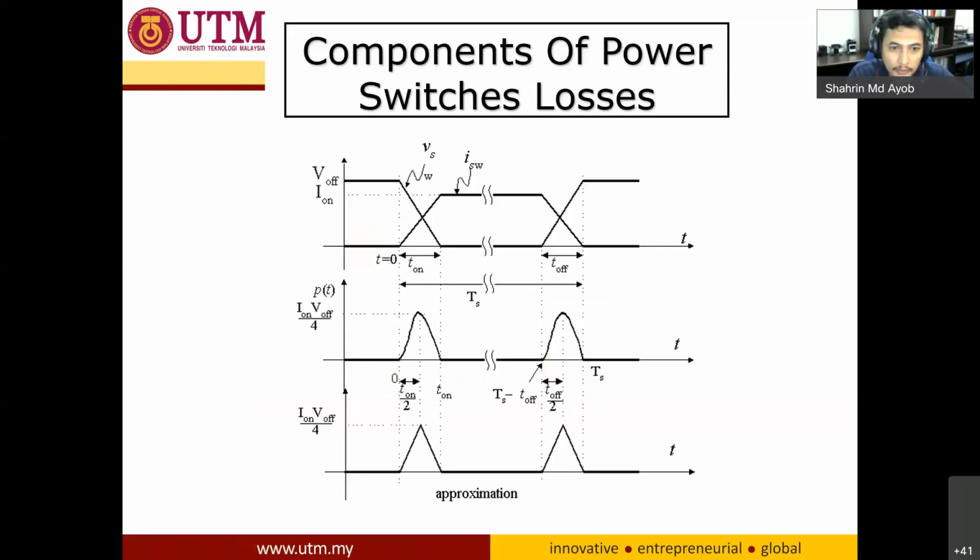So this is the picture that shows the switching losses. This is the previous picture, and this is the power waveform, which shows the switching losses here.